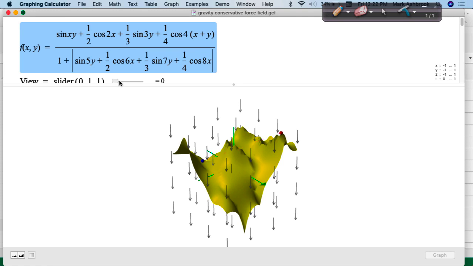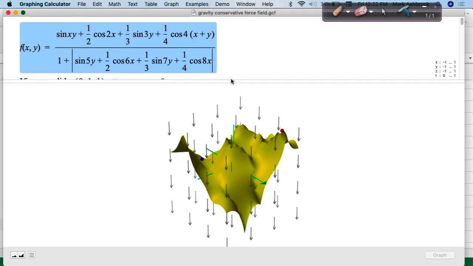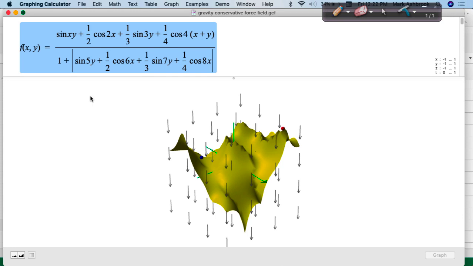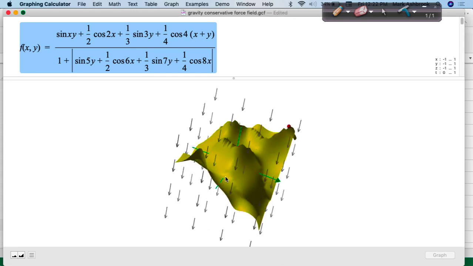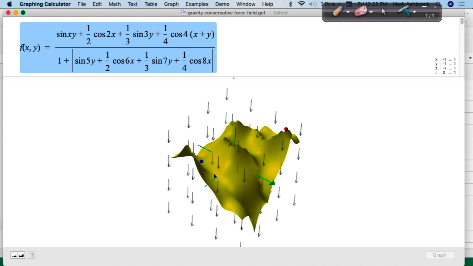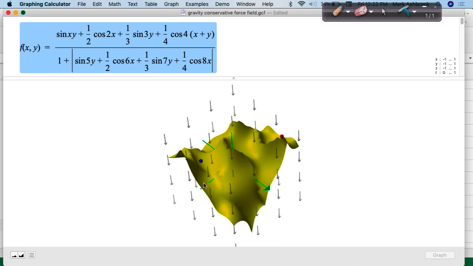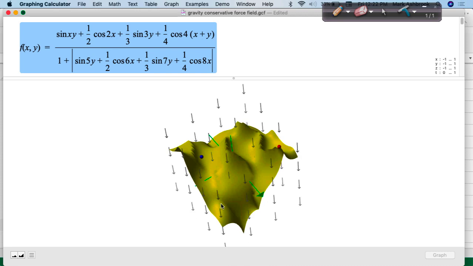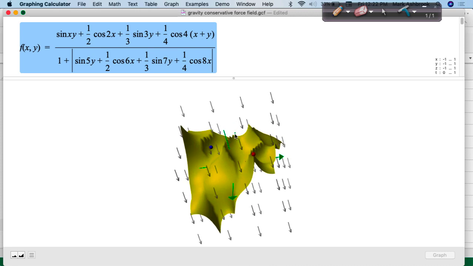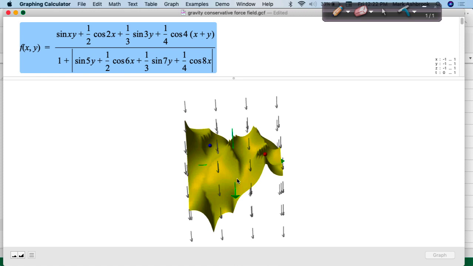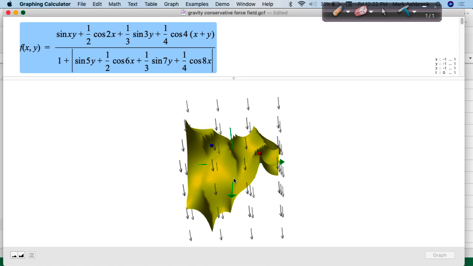All right, so how about this? Let's do a line integral through this field. So here's the surface. Okay, and so where are we going from? We're going from where these points are.